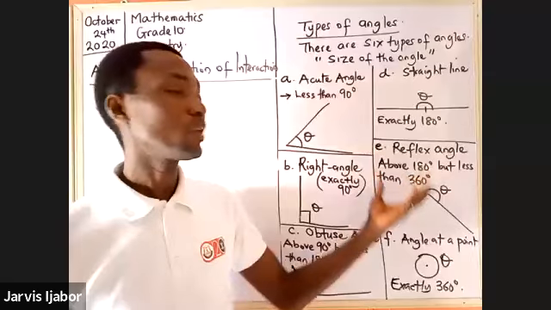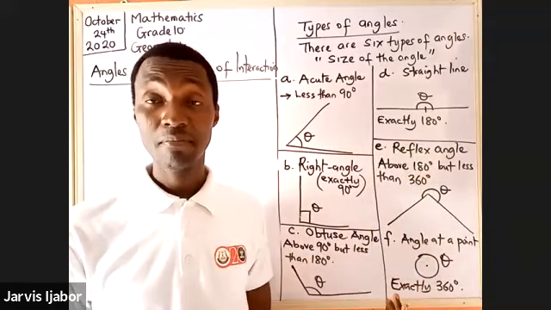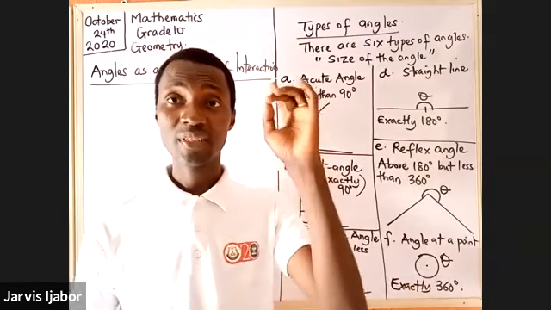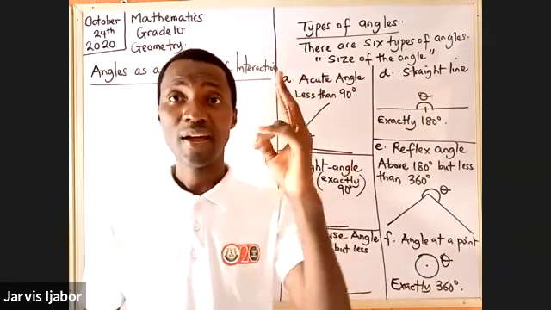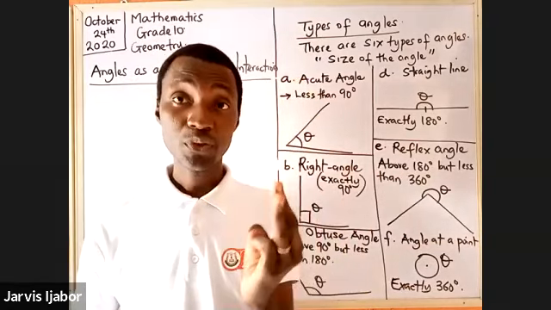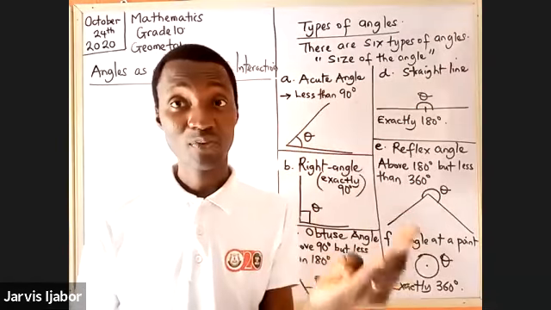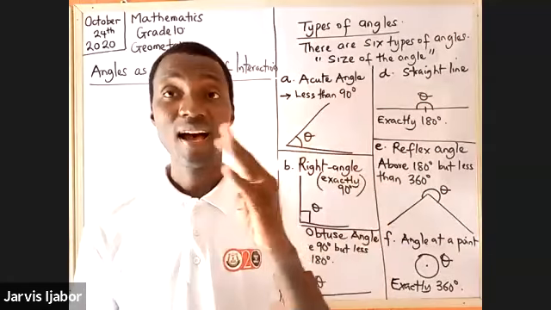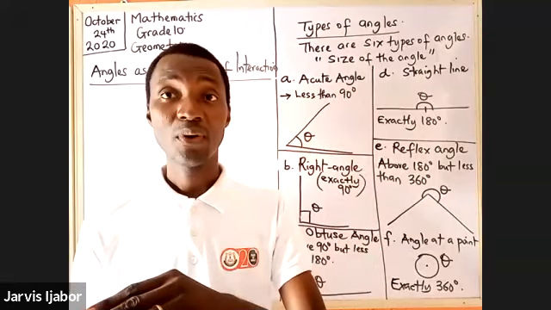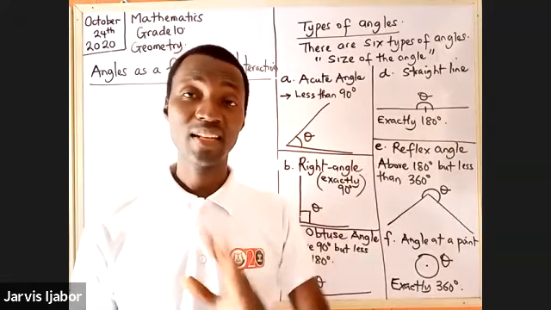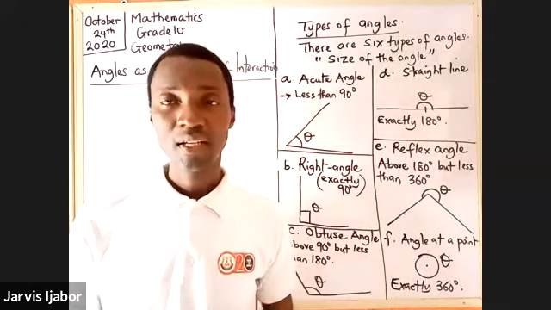These are just standalone angles. There are 6 types of them. An angle is either acute, right angle, obtuse, a straight line, a reflex angle, or angle at a point. So these are the 6 types of angles you have.